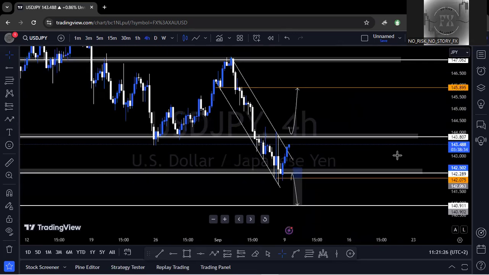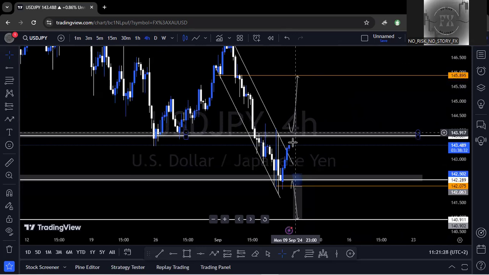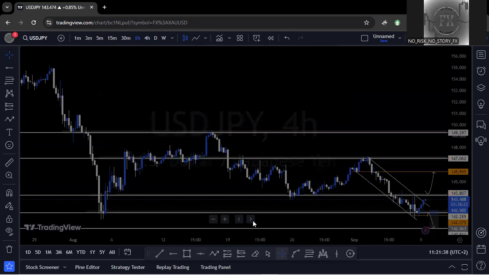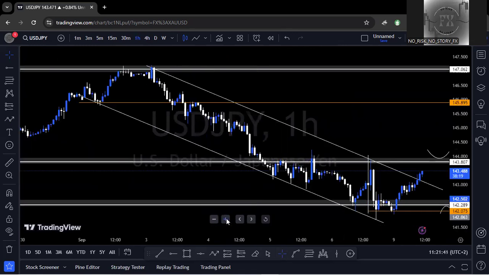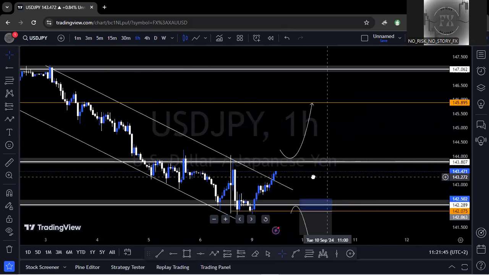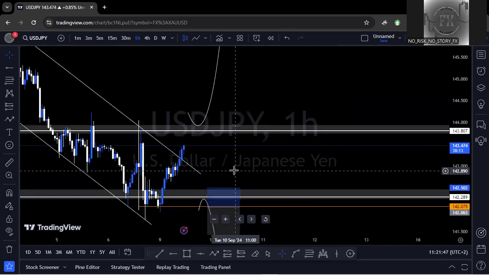I don't think this is a market direction, but I think it's just coming here to retest this area, so to then sell. But I don't force the market. I just completely follow what it is doing.